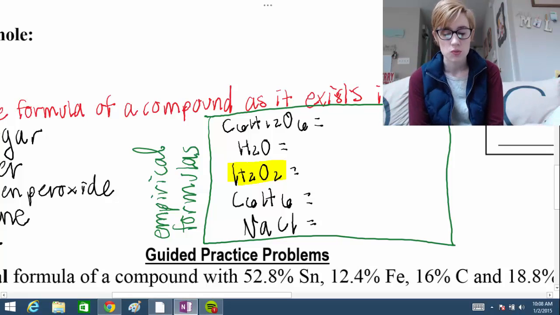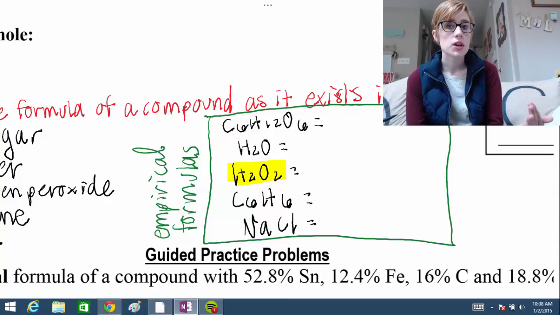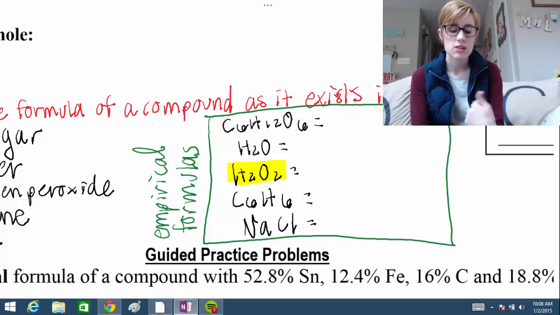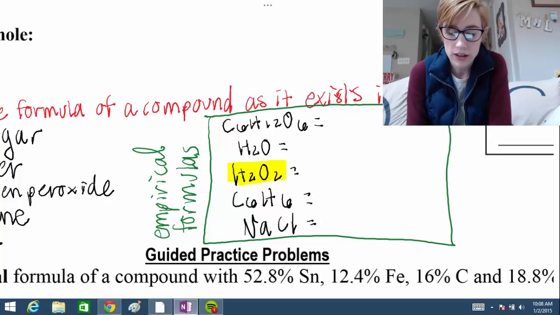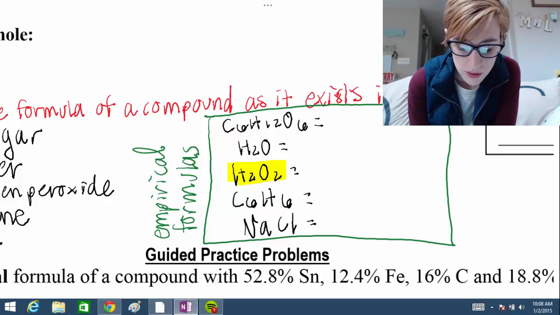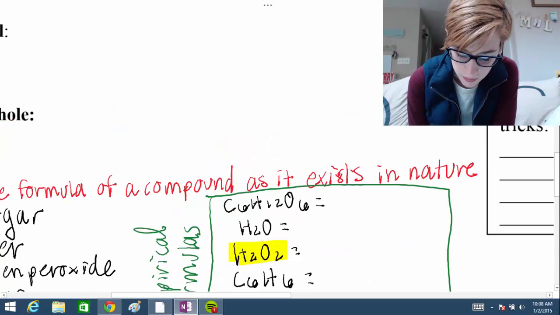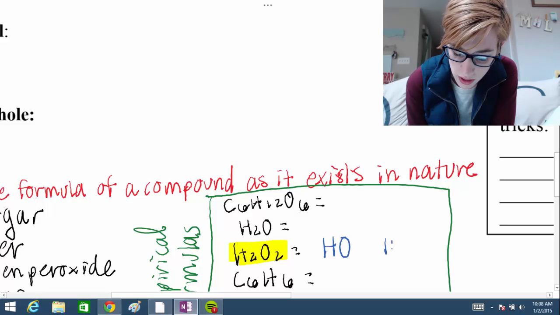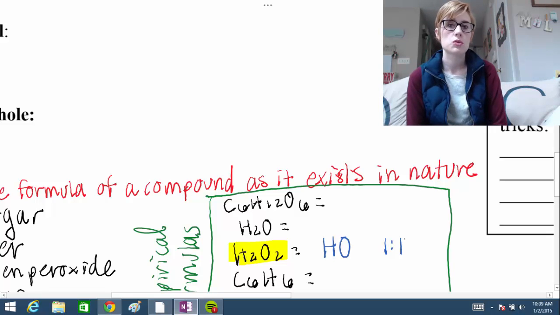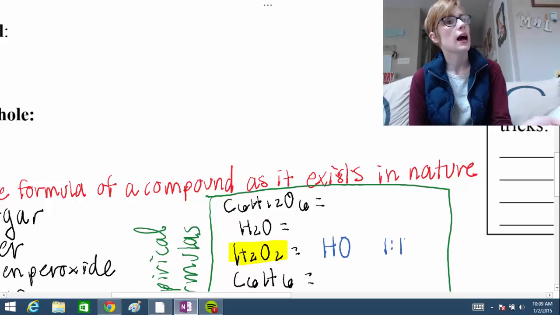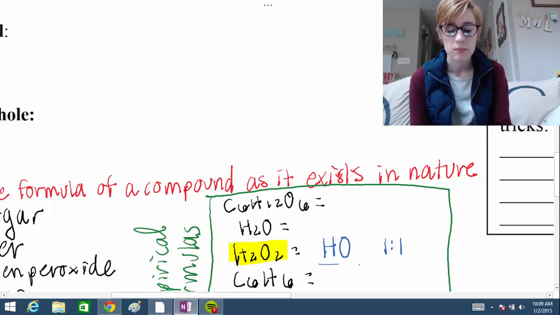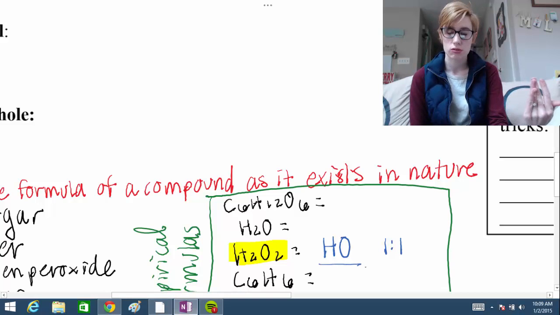Is that the smallest ratio, 2 to 2? No, we could reduce that ratio down to 1 to 1. So the empirical formula for hydrogen peroxide would be HO. Basically, it's a 1 to 1 ratio. I was able to reduce it down. Now, HO is not how hydrogen peroxide exists in nature, so this is not the molecular formula, but it is the empirical formula.